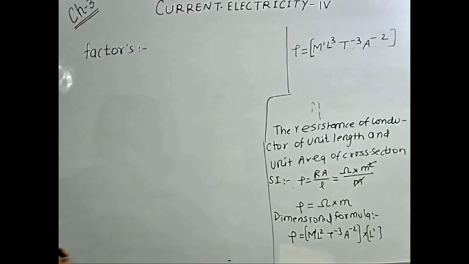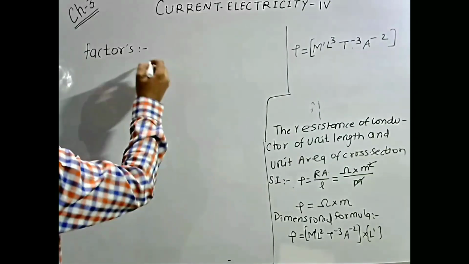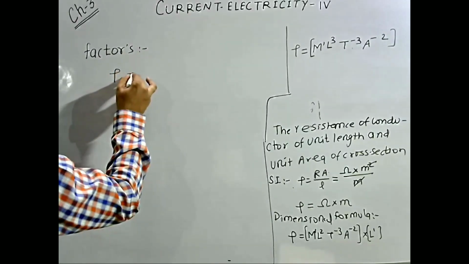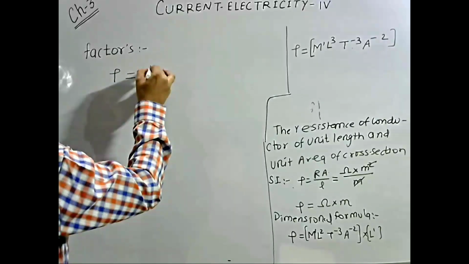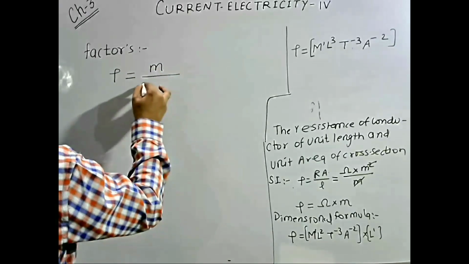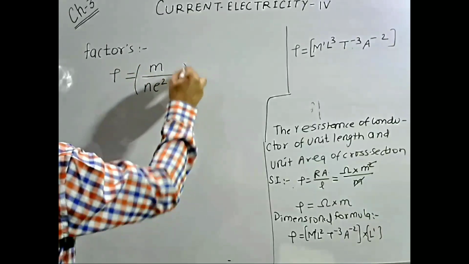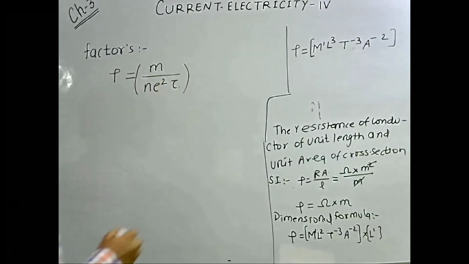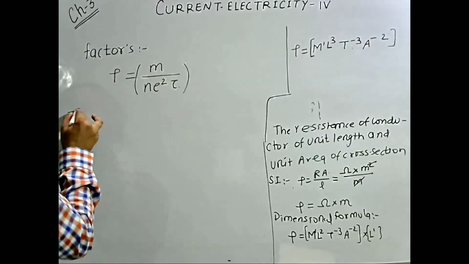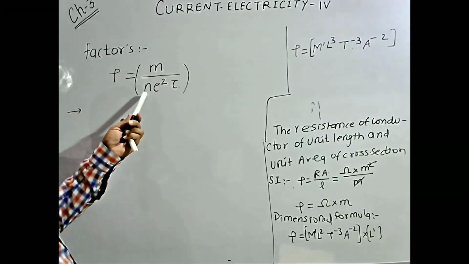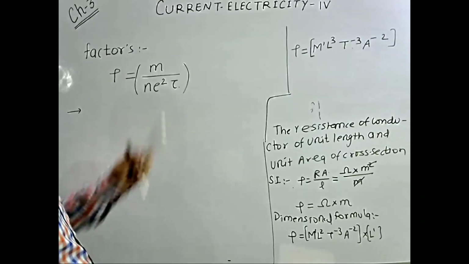Now, factors on which resistivity depends. From the expression it is clear that rho is equal to m upon n e square tau. First, resistivity depends on nature of material of conductor, that means number of free electrons. Clear? And second one, temperature.